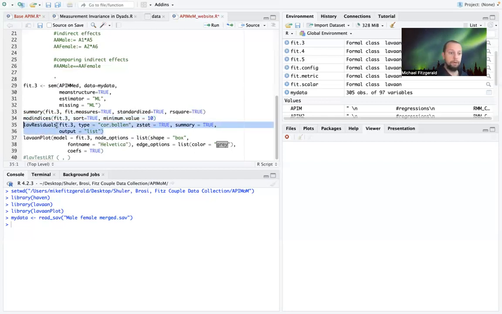We're also going to request residual output to identify local misspecification due to potential problems with just using global indices of fit, such as the CFI and the RMSEA. And then we will also create a rudimentary plot for our figure.